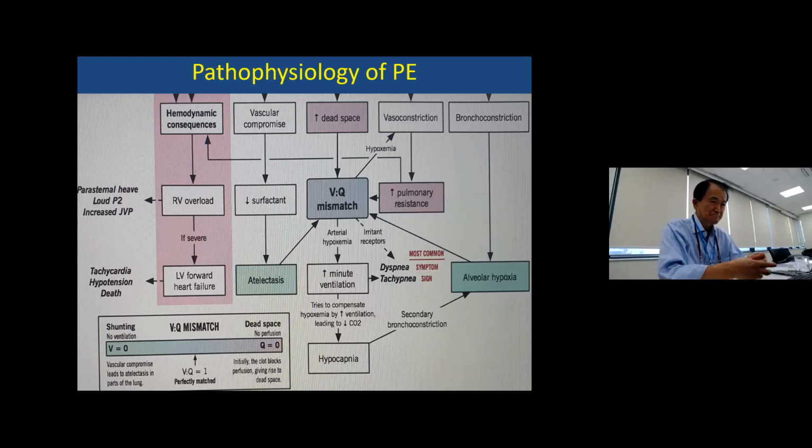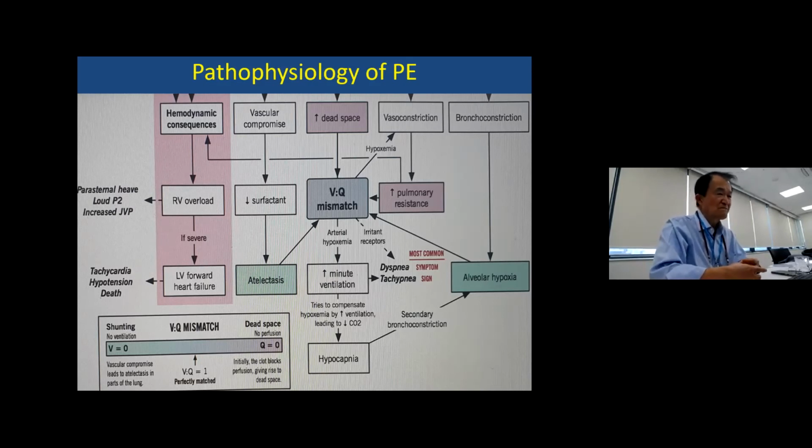And then we still try to use VQ mismatch abnormality. When the bronchial artery is obstructed, our body always tries to maintain the VQ ratio.